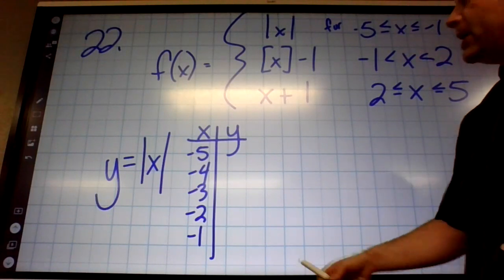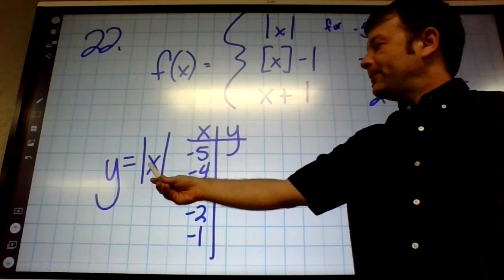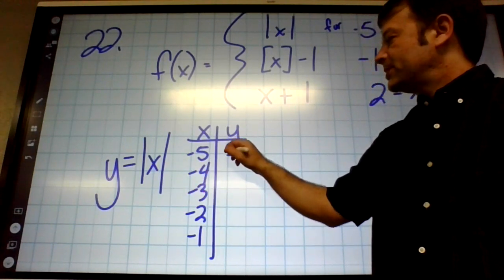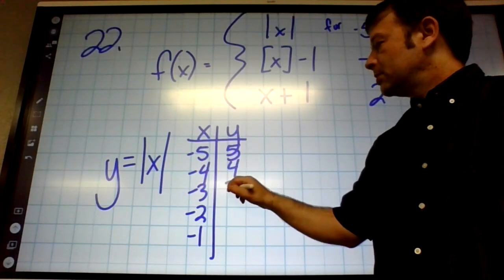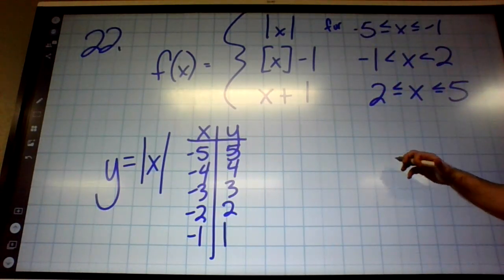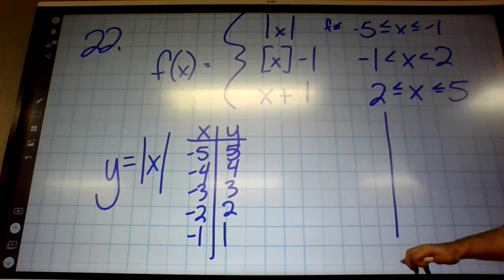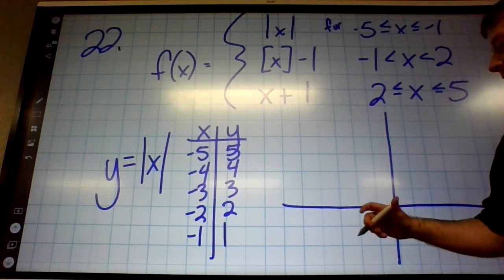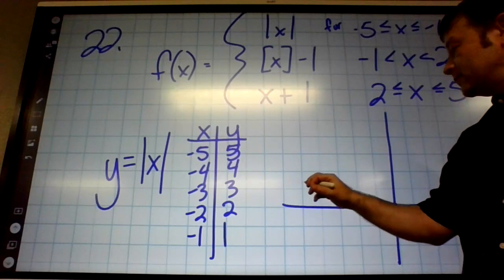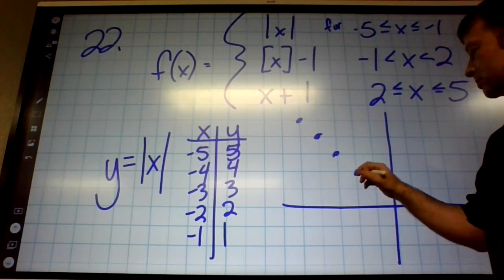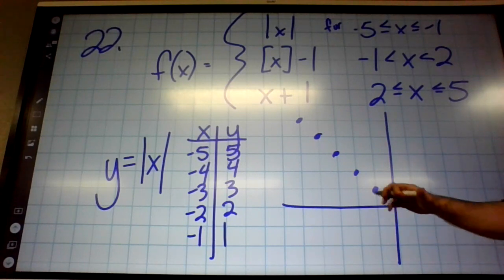Okay. Well, what happens if I plug all these x's into the absolute value of x? They just become positive, right? So we're not really going to see the V on this one. It goes -5, 5. Why can't we see the V?